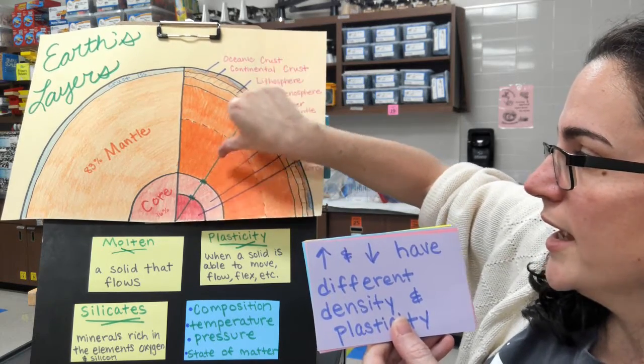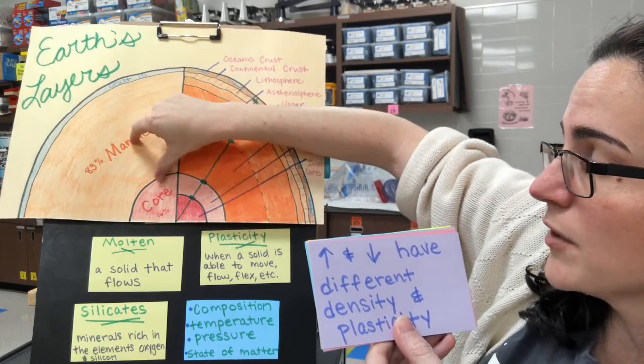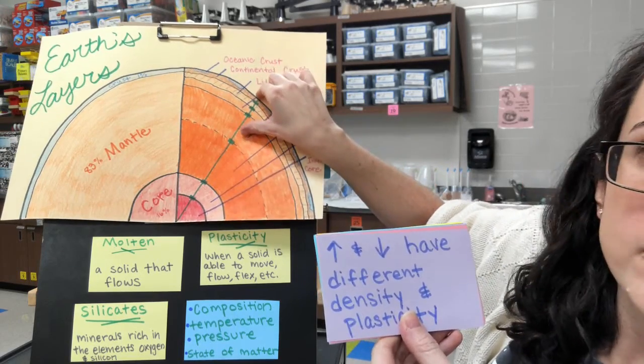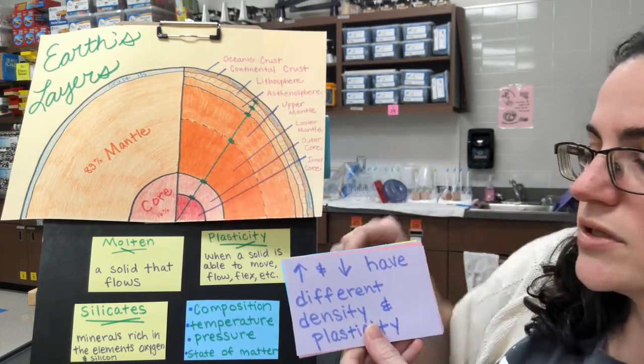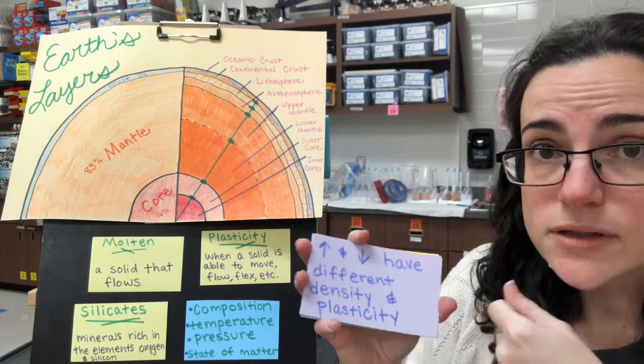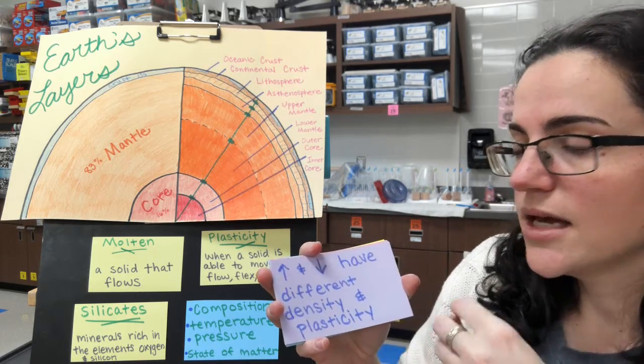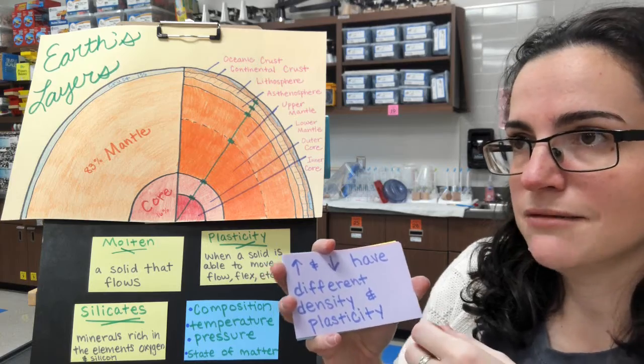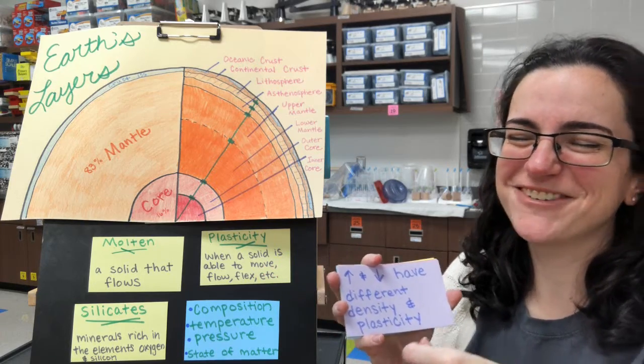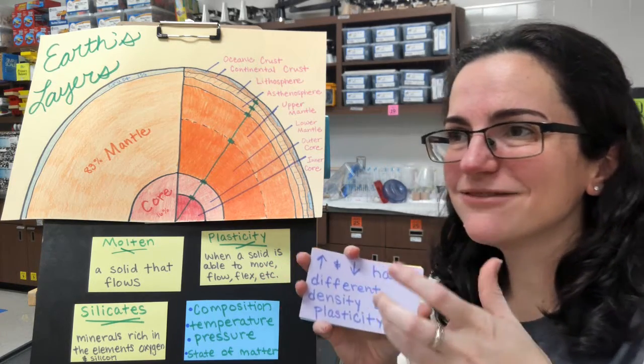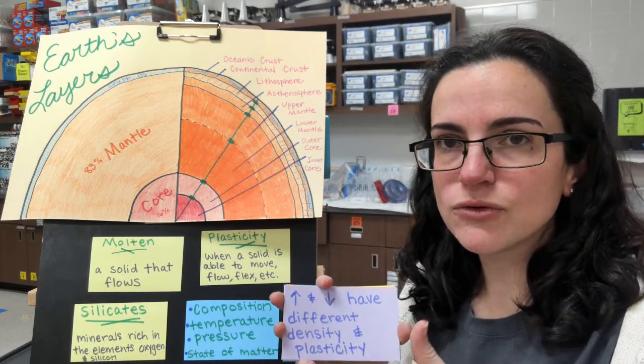So upper and lower, and each of these portions of the mantle, they have different densities and a different plasticity. That's a hard word to pronounce, but it's easy enough to understand.